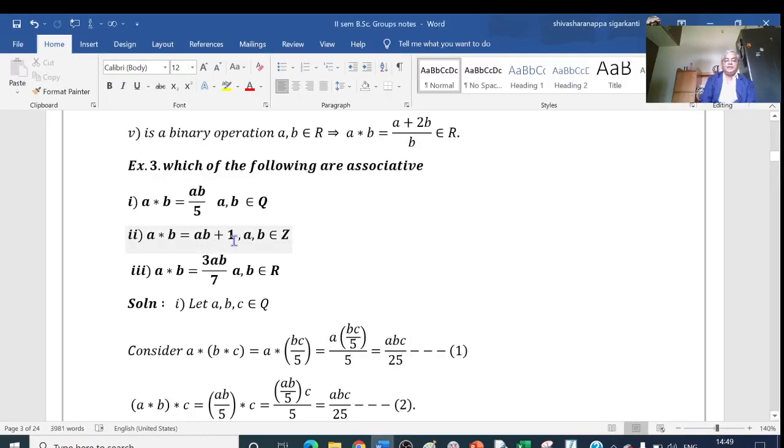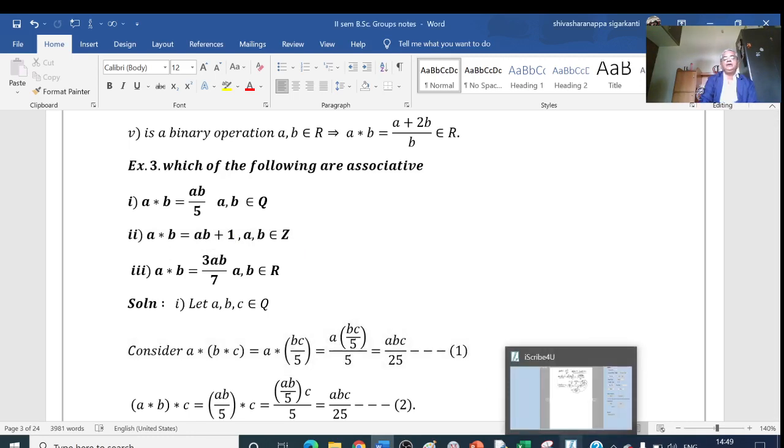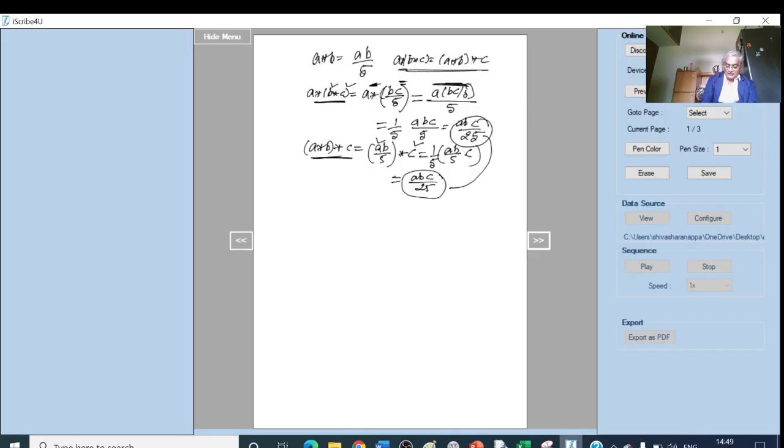Second one, A star B equal to AB plus 1. This is the definition. Now first consider A star of B star C. This is A star of BC plus 1.